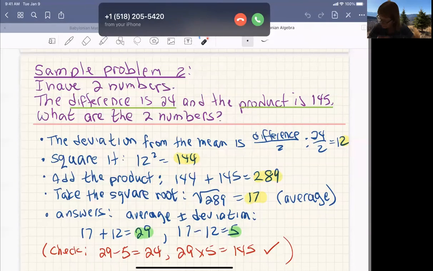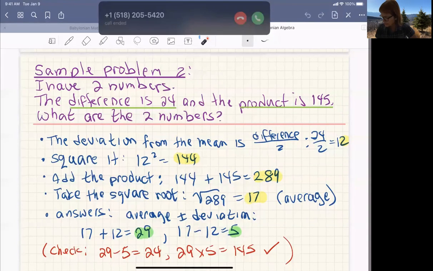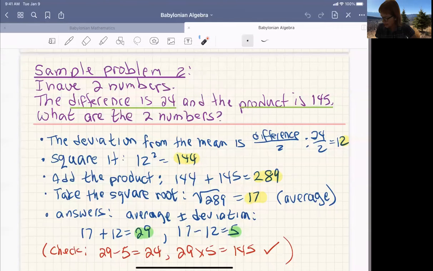Okay, so that was 17. And then once again, just like in the last problem, it's the average plus the deviation and the average minus the deviation. That's going to give you your two answers.